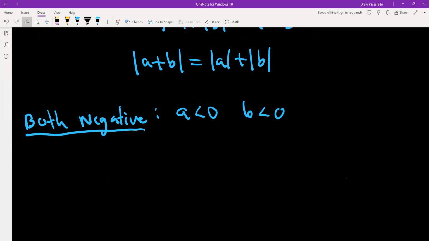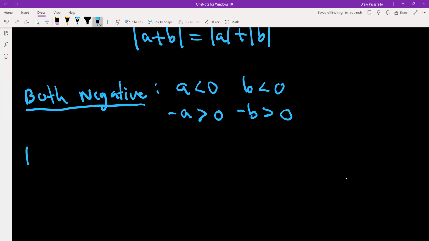Which means negative a is positive and negative b is positive. So the absolute value of a is equal to negative a, which is positive. And then absolute value of b is equal to negative b, which is positive.